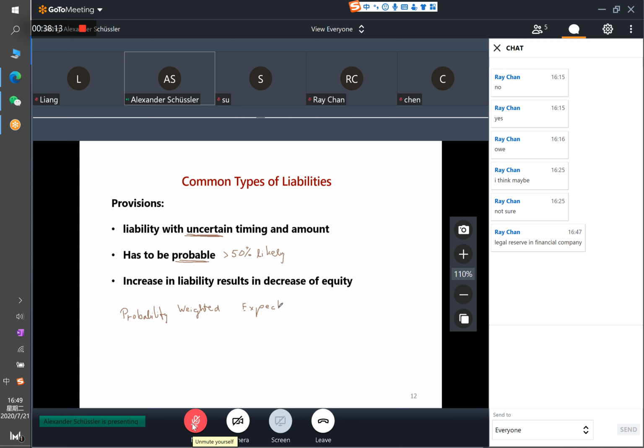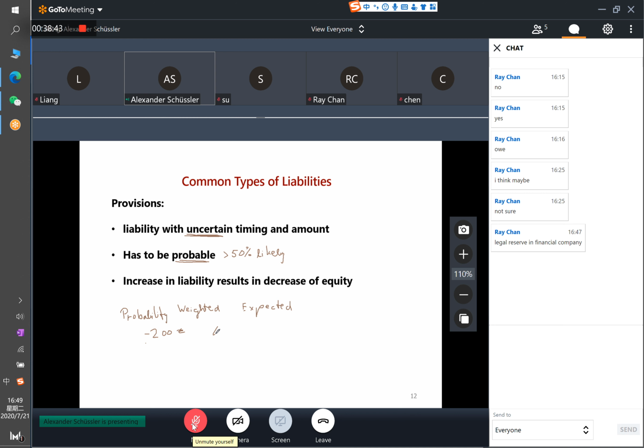Basically, what firms have to do, they have to calculate. Let's say we have a legal dispute, and we have a potential loss of 200. Let's say this is 200 euro, and the probability of this is 60%.